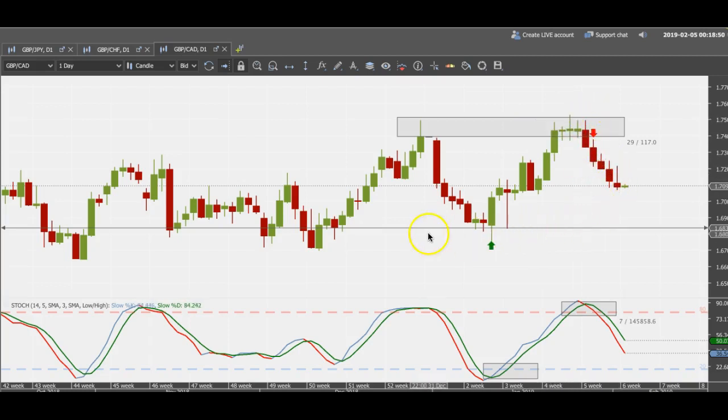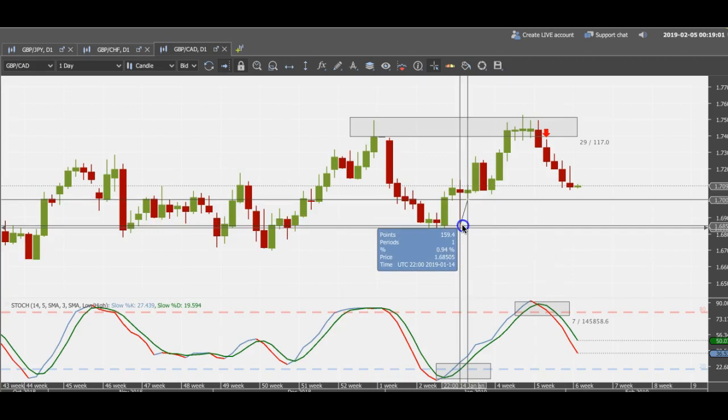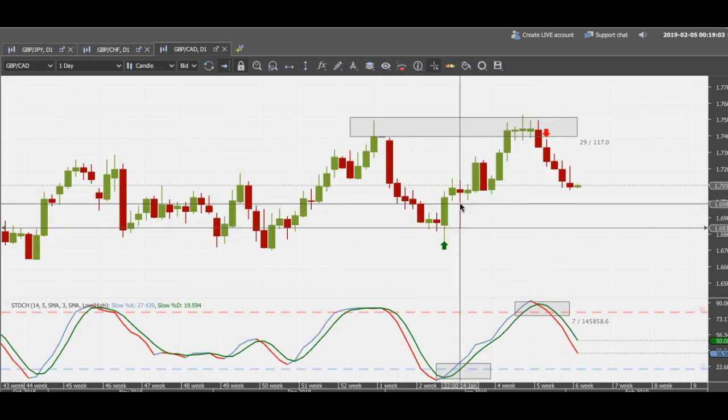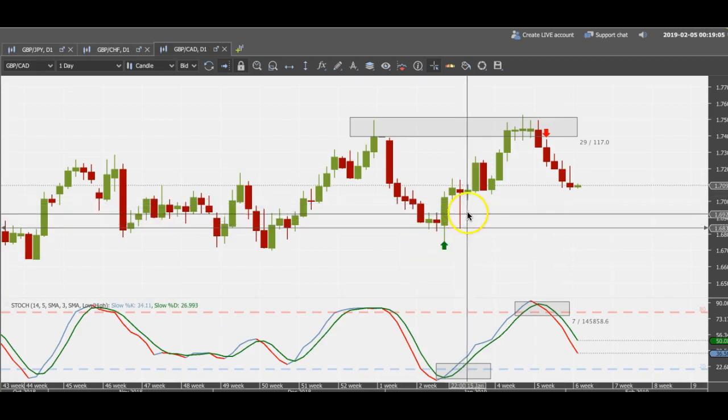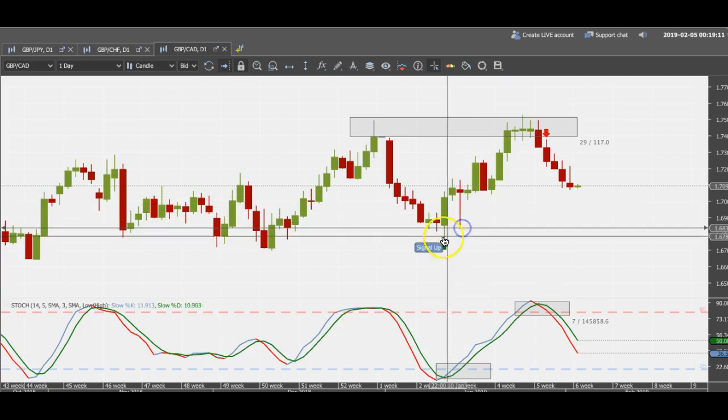So you need to practice this, because let's say you took this trade here and then you saw the market sell off, go against you, right? And you would be down 159 pips. And you're ready to exit this trade because you thought, oh, this is a bullish engulfing candle, I should be buying. But markets tend to retest support.